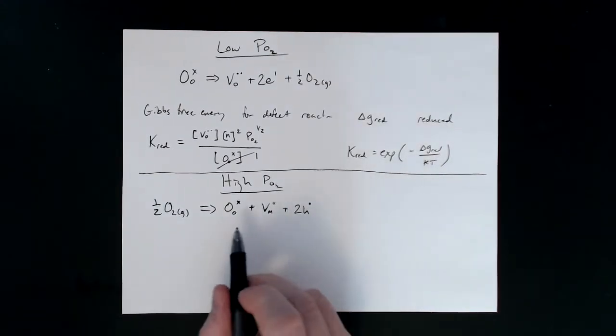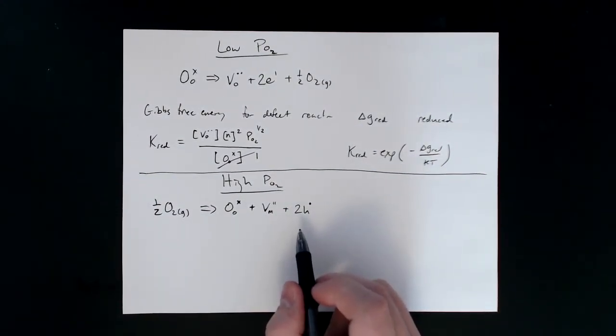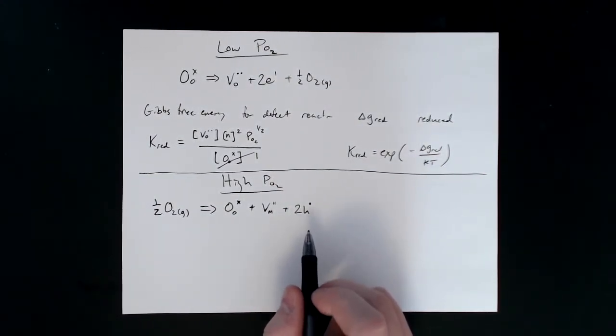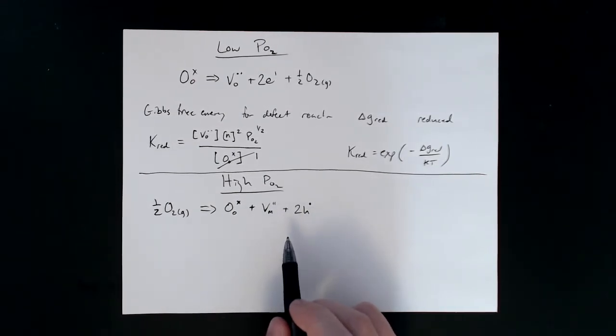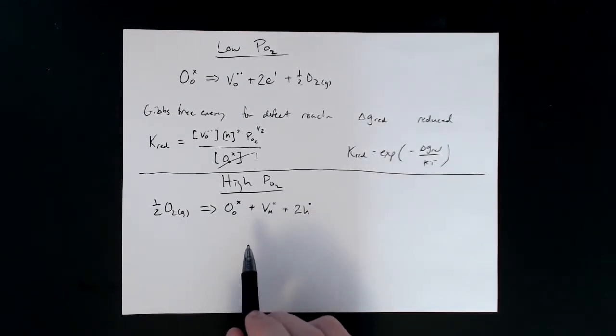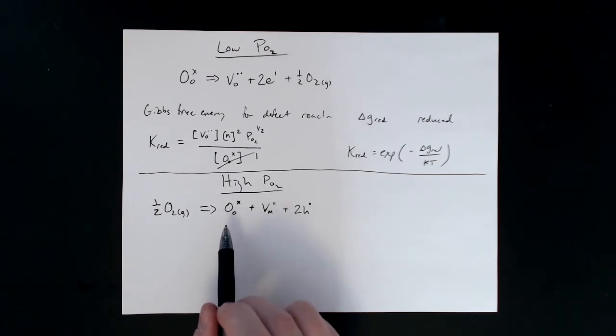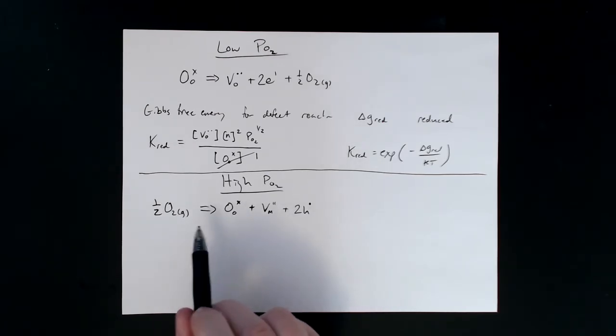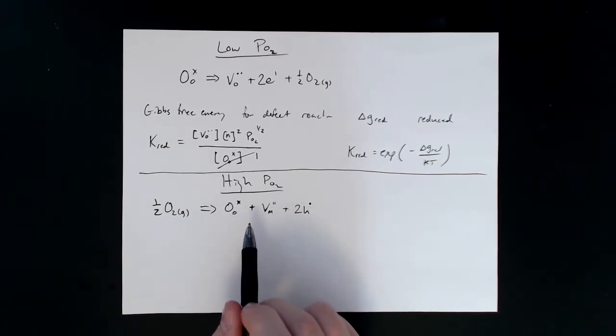So this is the reaction that we're going to assume occurs for this. And again, there are variations that we could do depending on the oxide that we have. You know, it could go to an interstitial, etc. But we're going to go with this for now and see where this leads us.